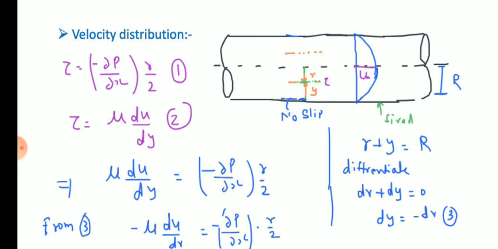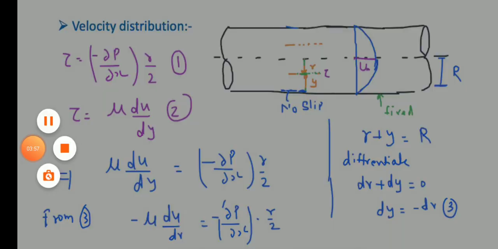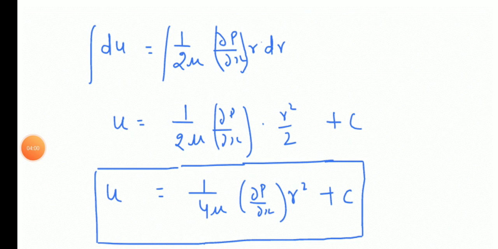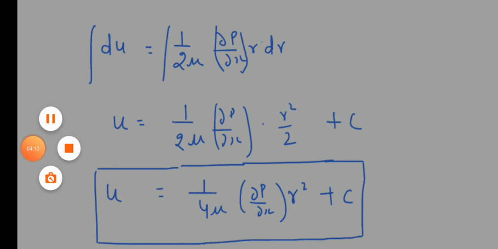We can also see one thing that small r plus y is equal to capital R. On differentiating that we get dy is equal to minus dr. We will use that in this equation and solve it. When we integrate, we get the velocity profile as a parabolic function of the small radius r, and it is a mathematical parabolic equation.